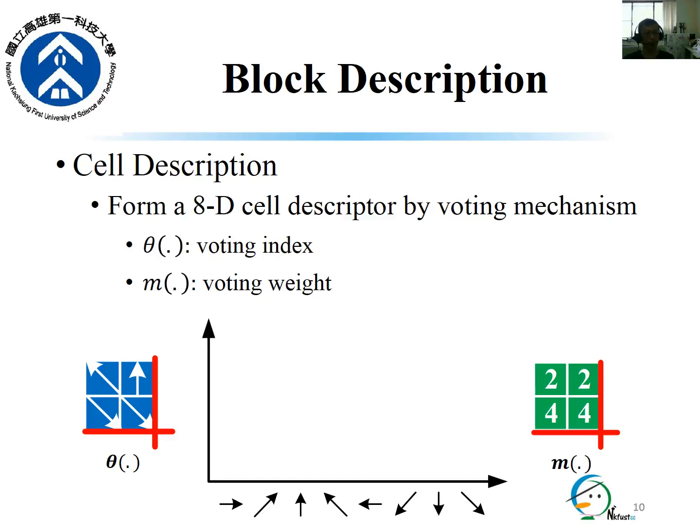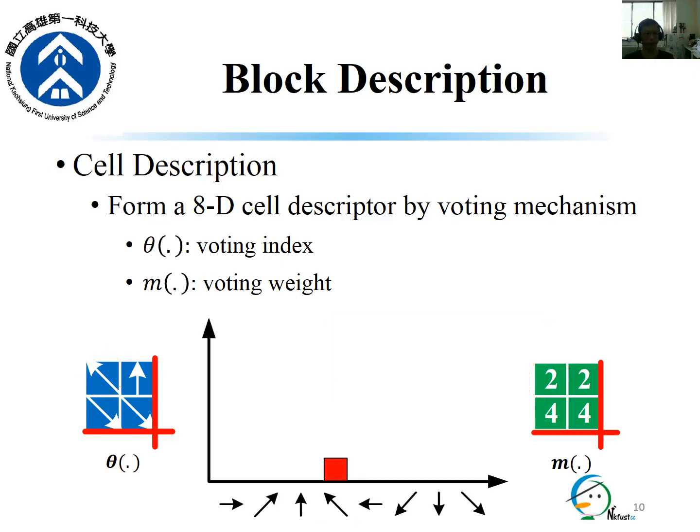The idea behind it is a voting mechanism, taking theta as the voting index and M as the voting weight. For example, the orientation of the first point in this cell is northwest. The magnitude is 2, so we add 2 votes to the northwest bin.